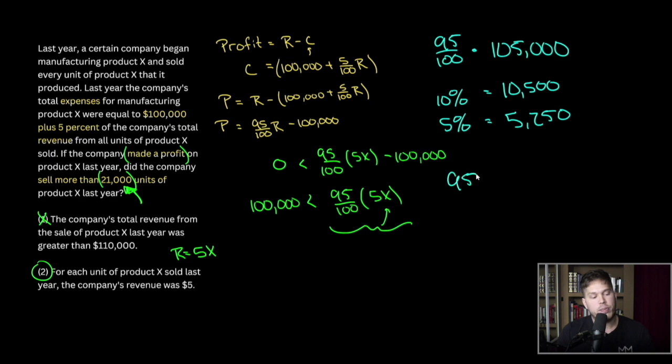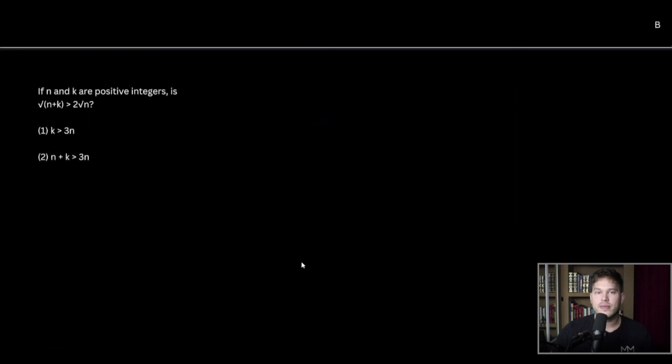Therefore, 95% would be 5,250 subtracted from 105,000. And so this would be $99,750. So this is less than our $100,000 ask because we're told that we made a profit. And so this implies that we must have sold more than 21,000 widgets. So statement 2 is sufficient. Our answer is going to be choice B.